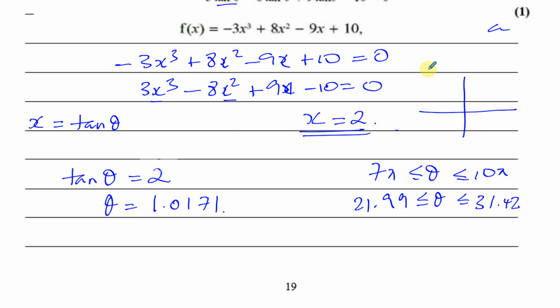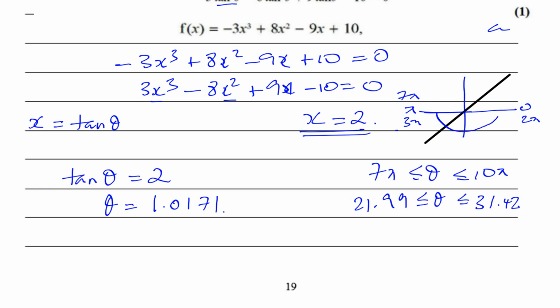Tan theta is positive in these two quadrants. So if this is 0 and this is pi, then you're going to get 2 pi here and 3 pi here. So you'll end up with 7 pi here. When you go through, you get 7 pi to 10 pi. So from 7 pi, it's going to hit it once.